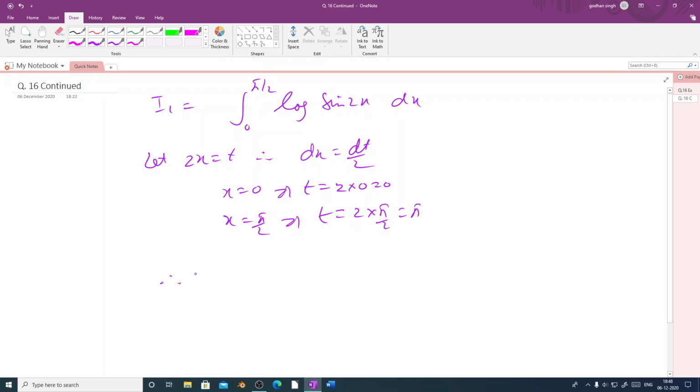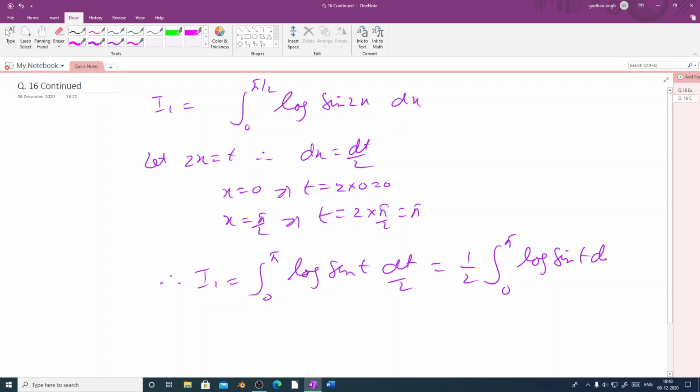So therefore we can say that I1 is equal to the integral from 0 to pi of log sine, and 2x we have taken as t, so sine t, and here we have dt by 2. So it equals half the integral from 0 to pi of log sin t dt. And we know that in a definite integral, if you change the variable, it doesn't make any difference, it is still the same.